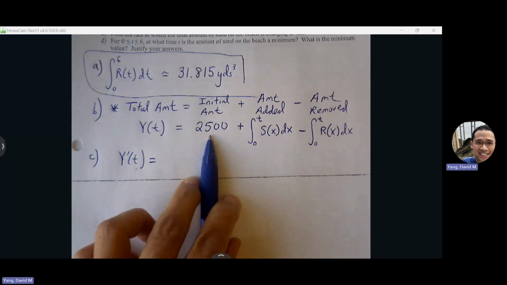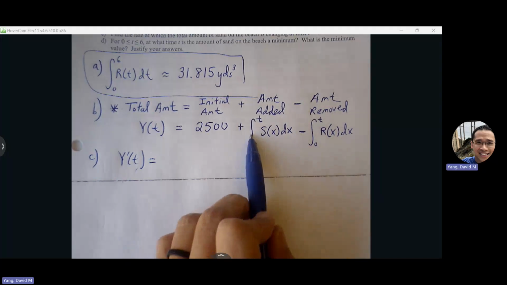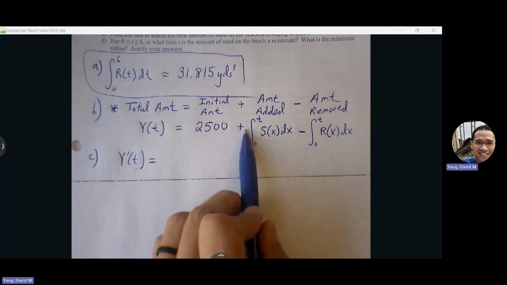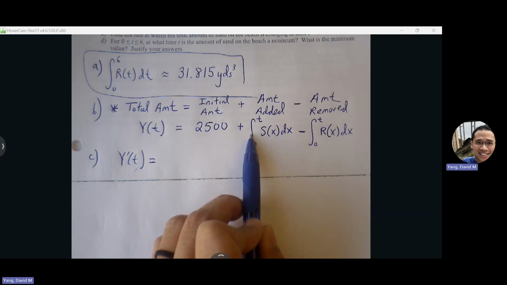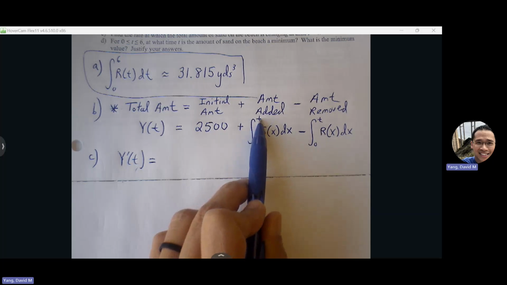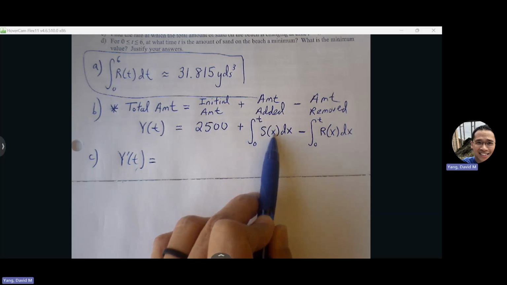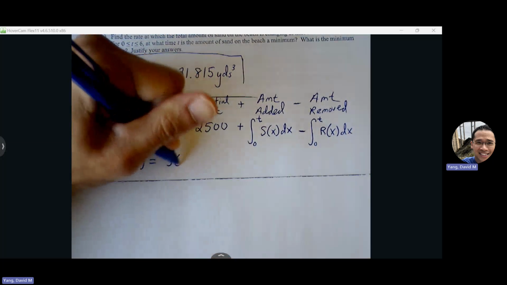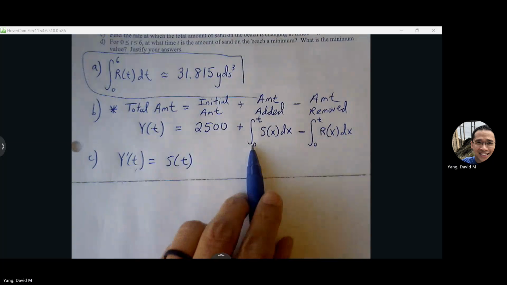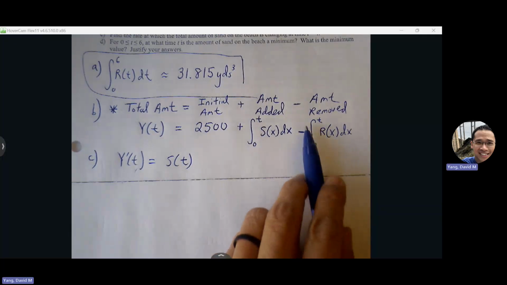2,500 would go to what? 0. And then this, we're asking for the derivative of the integral. And what's going to happen here? Yeah, they cancel out, second theorem, which means that the upper bound gets plugged into the x. And so the derivative of this will just wipe down to s of t. And the derivative of this will turn into what?